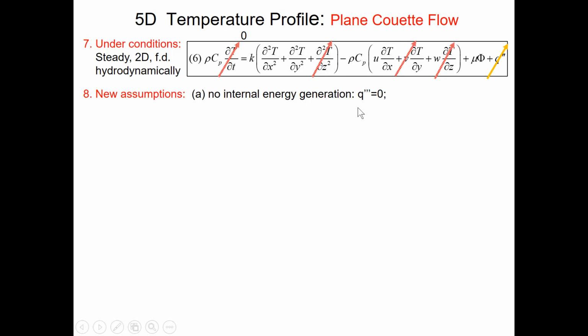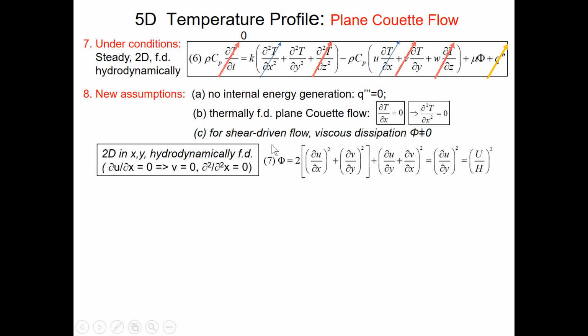A. There is no internal energy generation. B. It is a thermally fully developed Couette flow. So the first derivative and the second derivative of flow temperature are 0, 0.